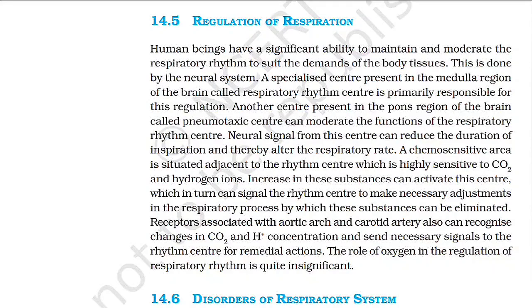Receptors associated with the aortic arch and carotid artery can also recognize changes in carbon dioxide and H+ concentration and send necessary signals to the rhythm center for remedial actions. The role of oxygen in the regulation of respiratory rhythm is quite insignificant.